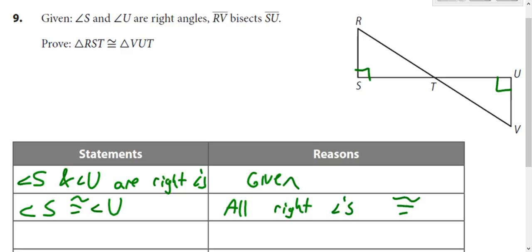RV bisects SU as our next given statement. That was given.